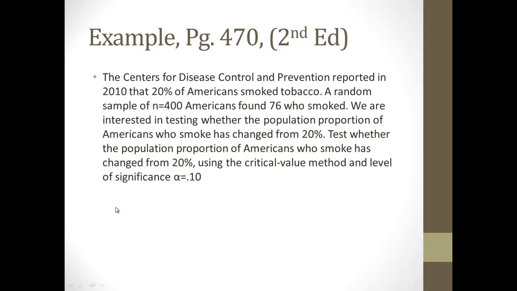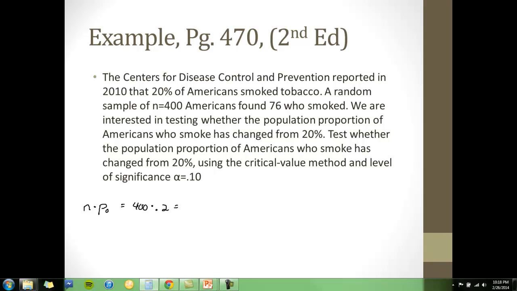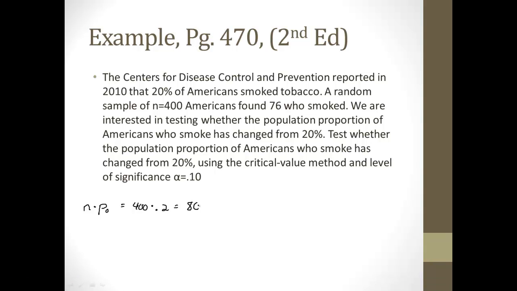First thing we need to do is check to see if our sample size is big enough. So I take n times p0, which is 400 times 0.2, and that is a total of 80.